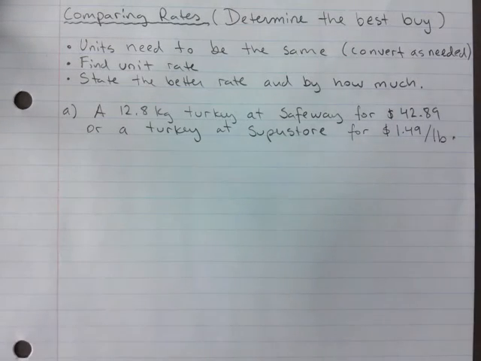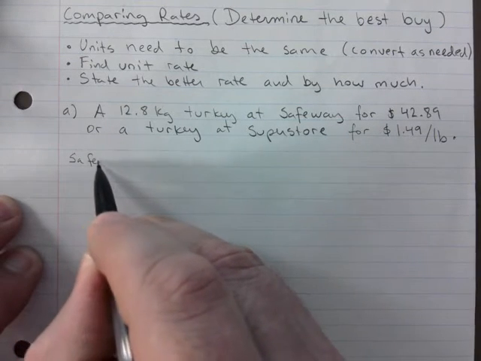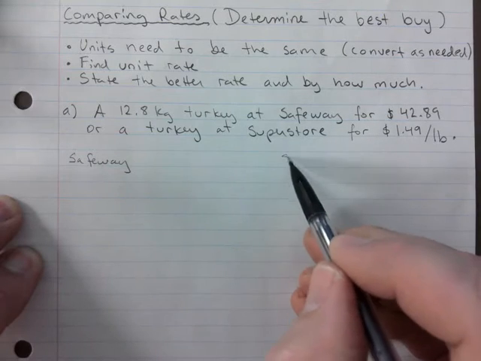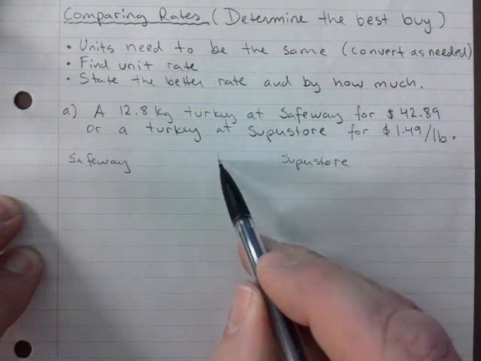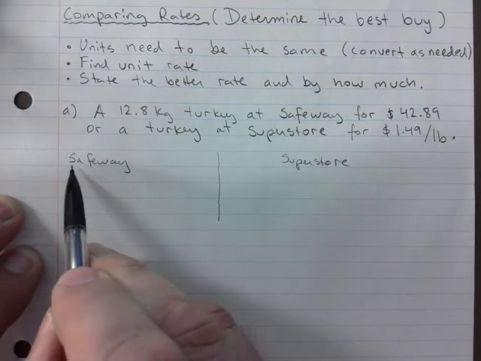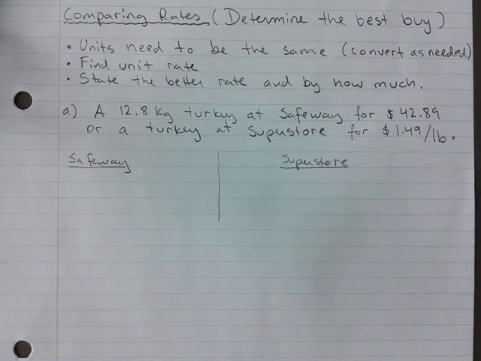And so just for note-taking purposes, I'm going to split them up in two columns, right? So I'm going to deal with Safeway here and Superstore on the other side. So you have a couple of choices here, and this is what you might find a little frustrating.